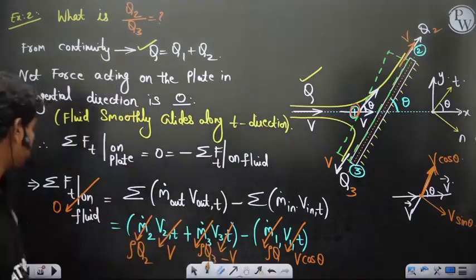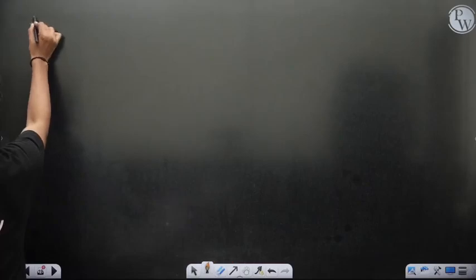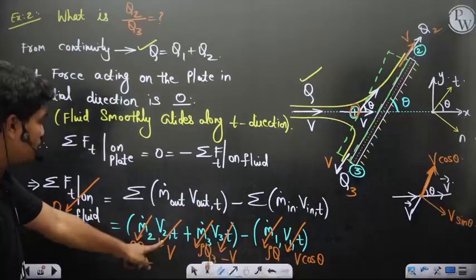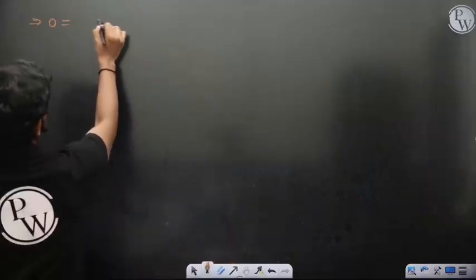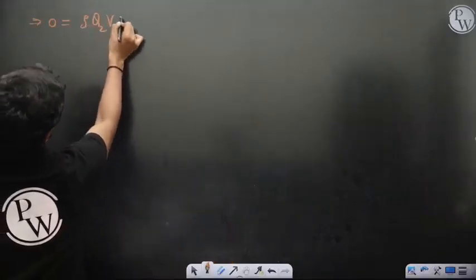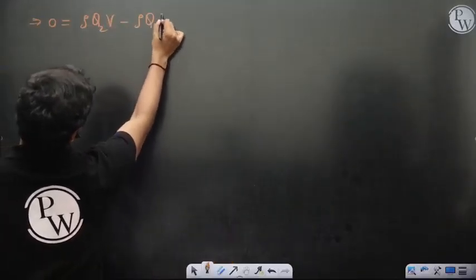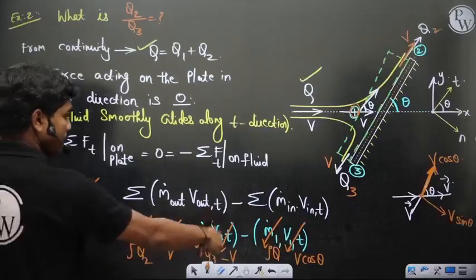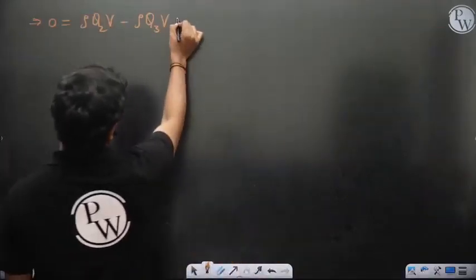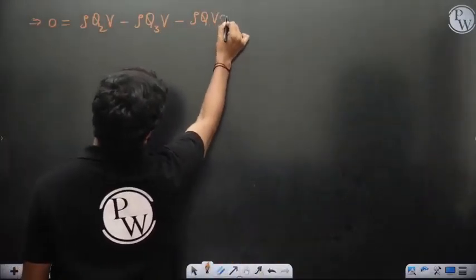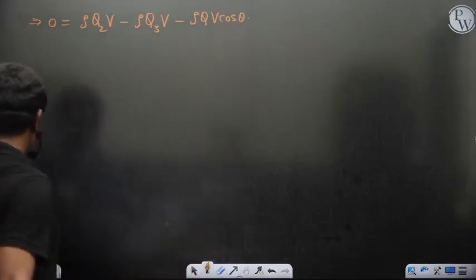So let's simplify this then. 0 is equal to rho q2 v minus rho q3 v minus rho q v cos theta. इतना है हमारे पास, करेक्ट ना?